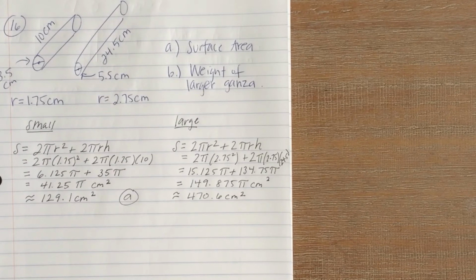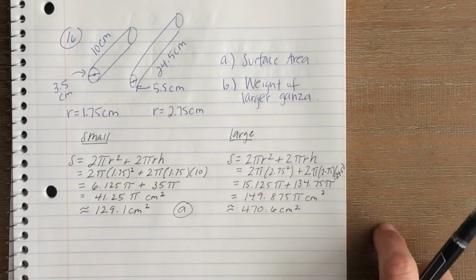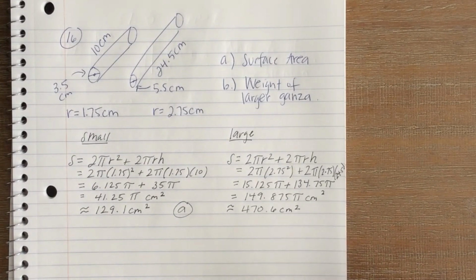Part B, I'm sure that's where you got stuck. It's all about setting up a proportion. We know that the weight of the smaller instrument here is about 1.1 pounds. Notice I'm saying about. We're going to have to do a lot of approximating here.